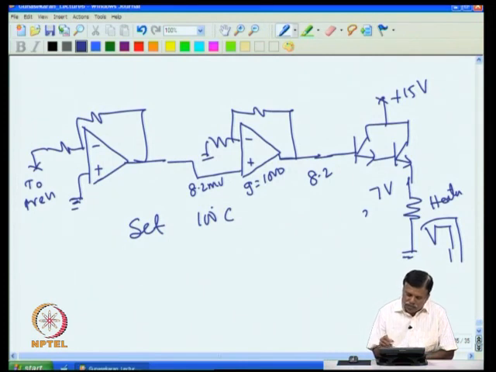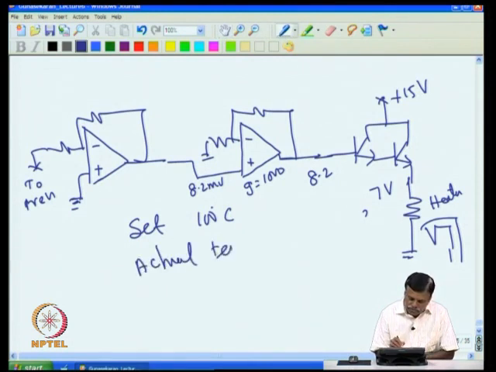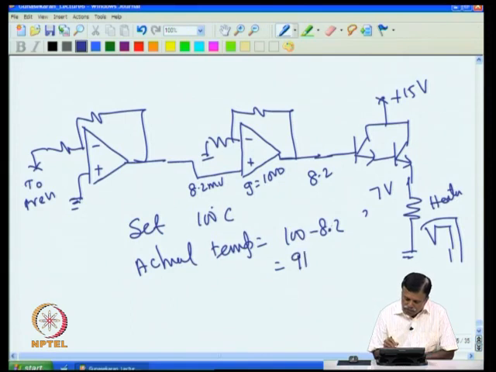But mind you, you have a difference of 8.2 millivolt here. That means the actual temperature is not 100, the actual temperature will be 100 minus 8.2, that is 91.8 degree only.